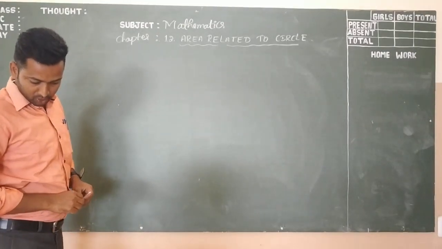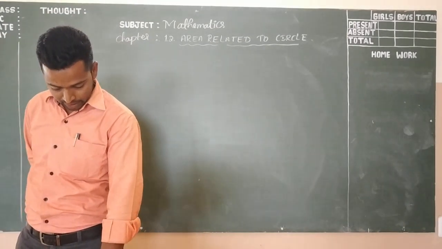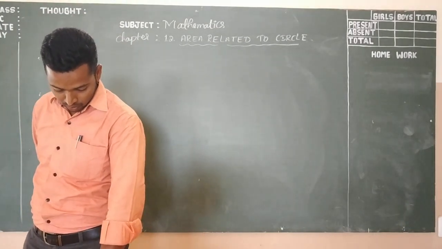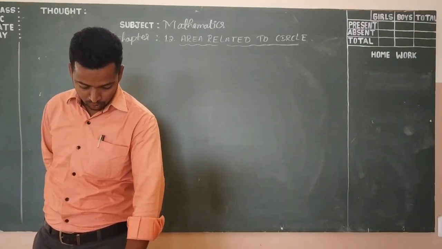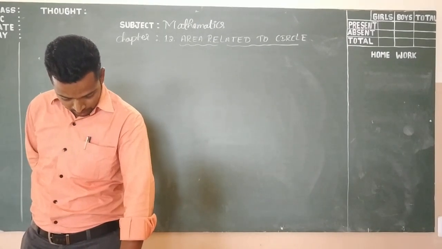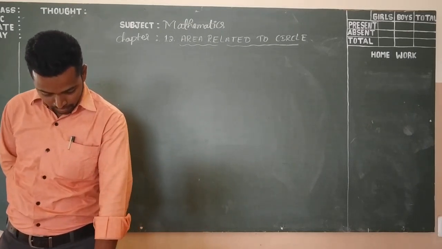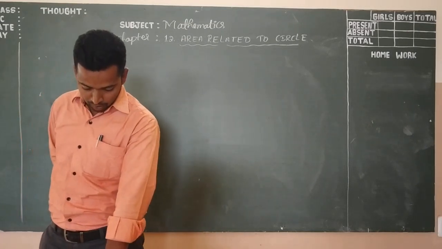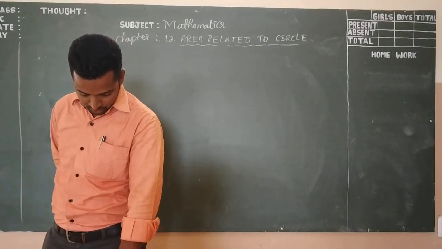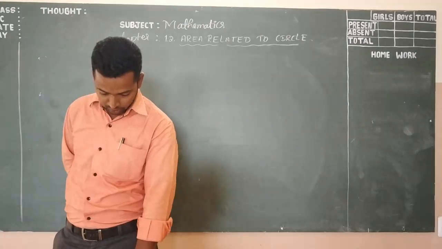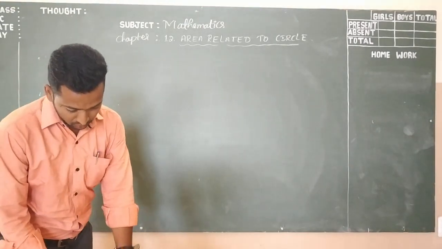The cost of fencing a circular field at the rate of 24 rupees per meter is 5,280 rupees. The field is to be ploughed at the rate of 0.50 rupees per meter square. Find the cost of ploughing the field. Take pi equals 22/7.